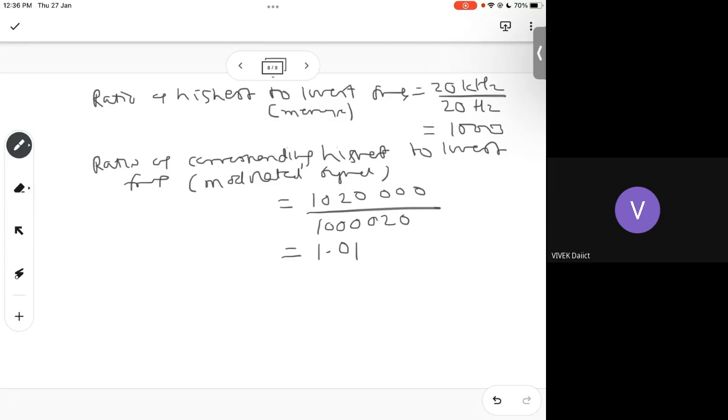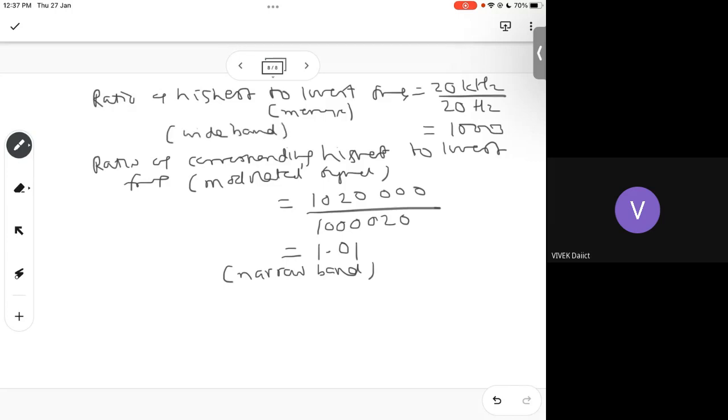So that means you would need a large bandwidth, but here I need only a very small bandwidth as compared to this one. That makes my design simpler, because designing a wider band system is much more difficult than designing a narrow band system. It becomes a narrow band signal here, and this becomes a wideband signal here.